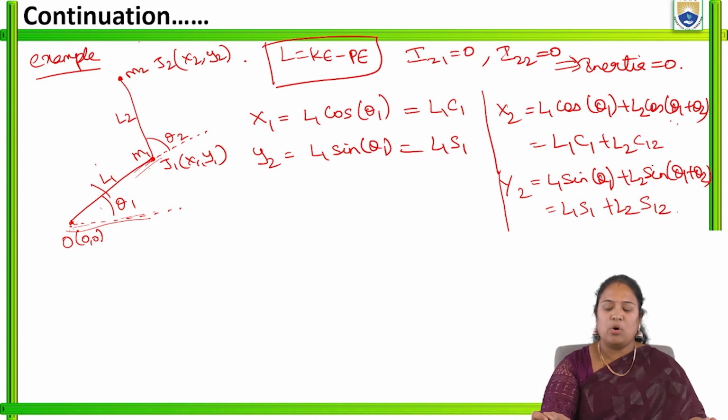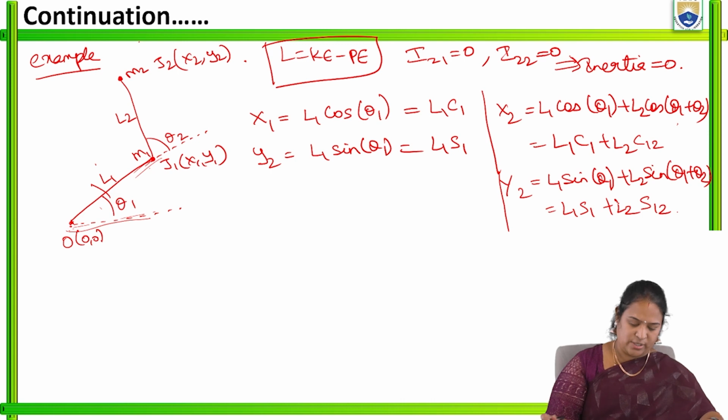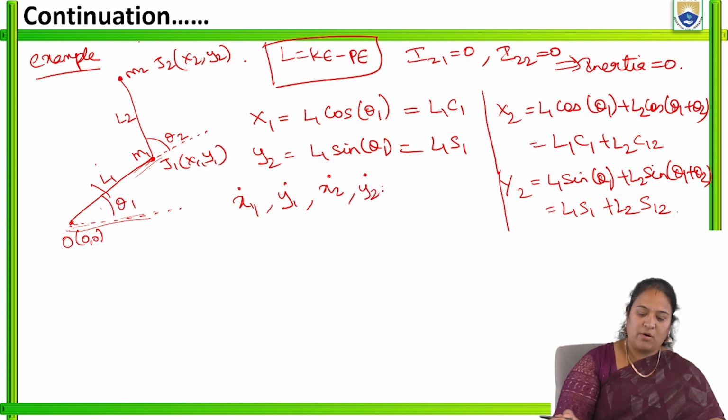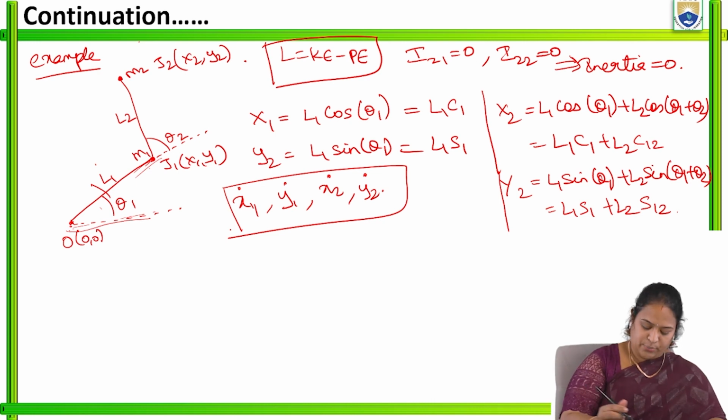So we determine it as L1 C1 plus L2 C12, whereas y2 is equal to L1 sin theta 1 plus L2 sin of theta 1 plus theta 2, that is L1 S1 plus L2 S12. Now we need to determine x1, y1, x2, y2, and in these terms we will be writing the equation.